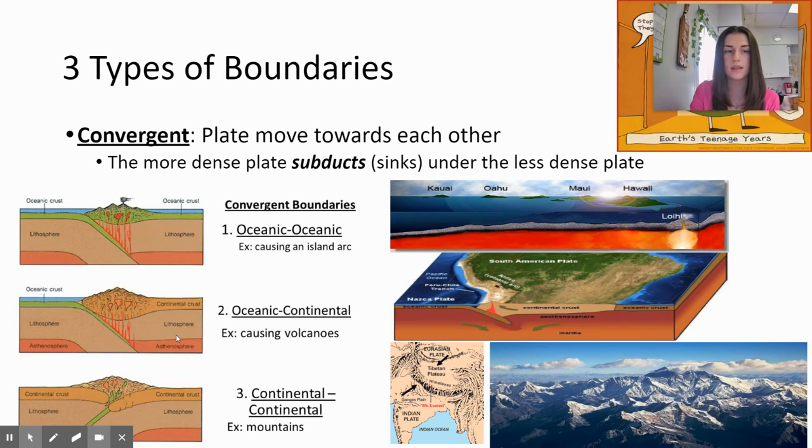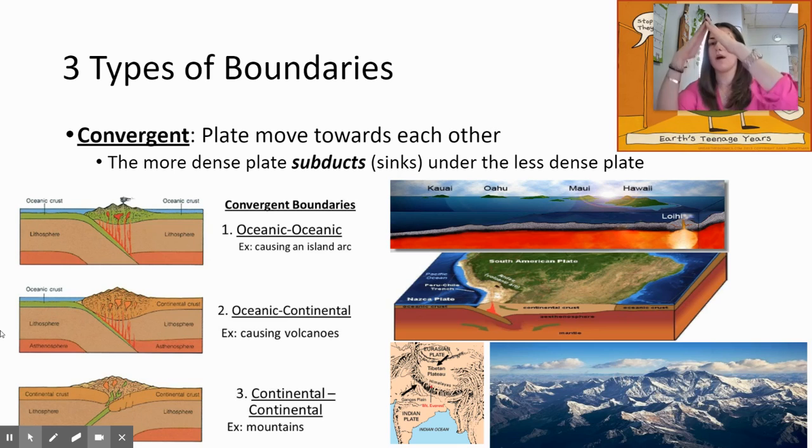All right. And then last but not least, we have continental to continental, which are two continental crusts colliding. Now, as we know, continental and continental have the same densities. So when they collide, they do not subduct.